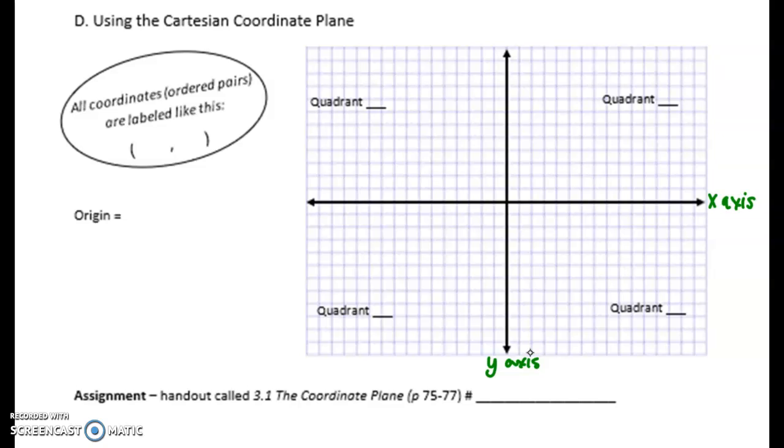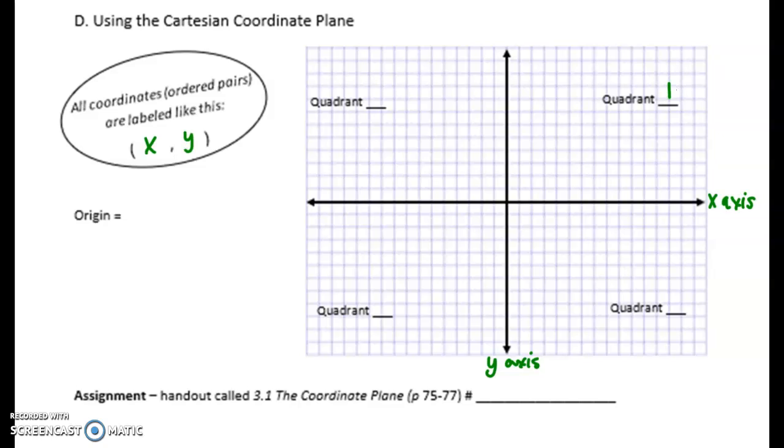Okay, and we know that when we plot points, looking at this bubble here, they are always in the order of x, y.